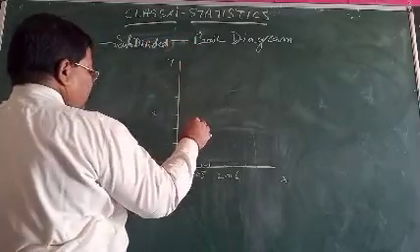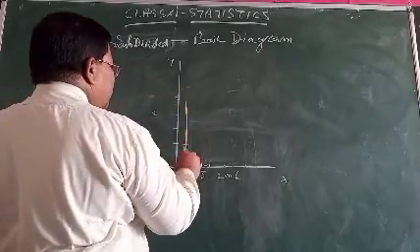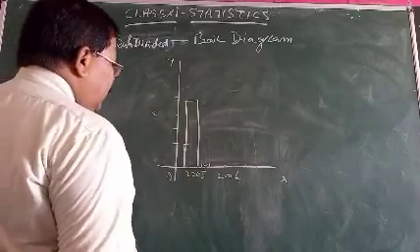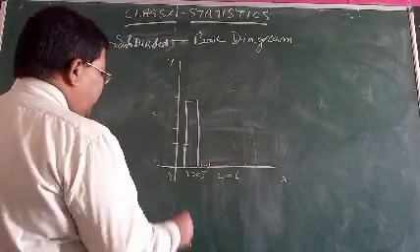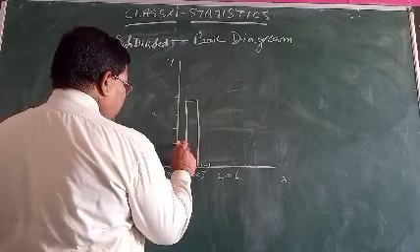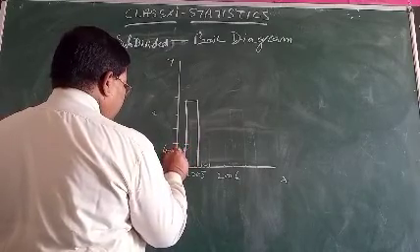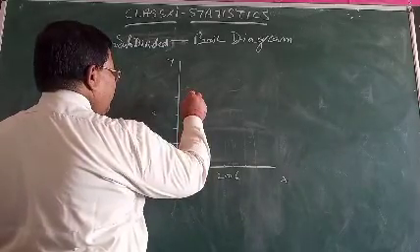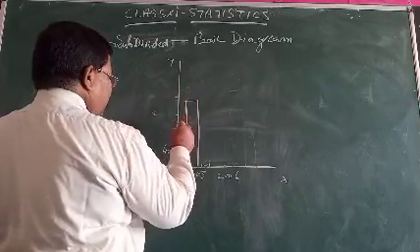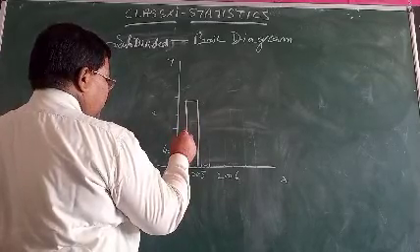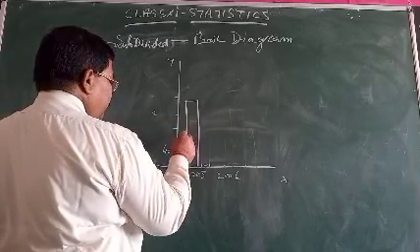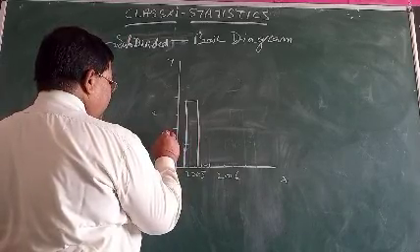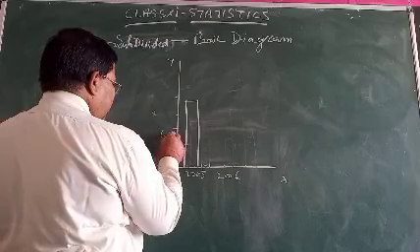Say the production of pulse is 40 and production of rice is 60.